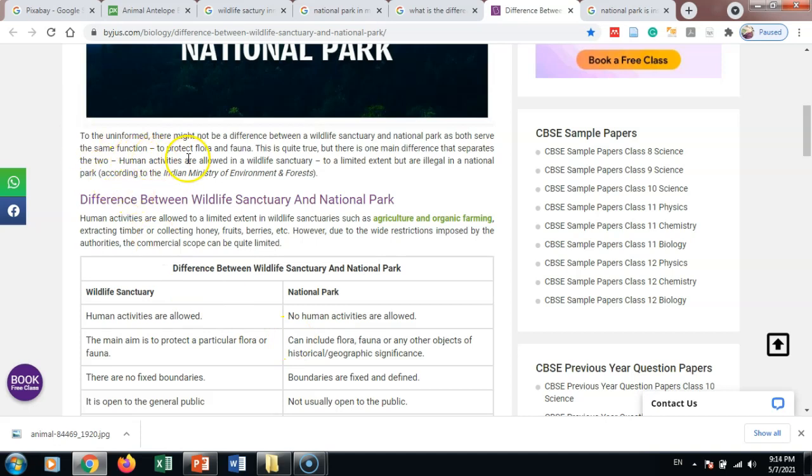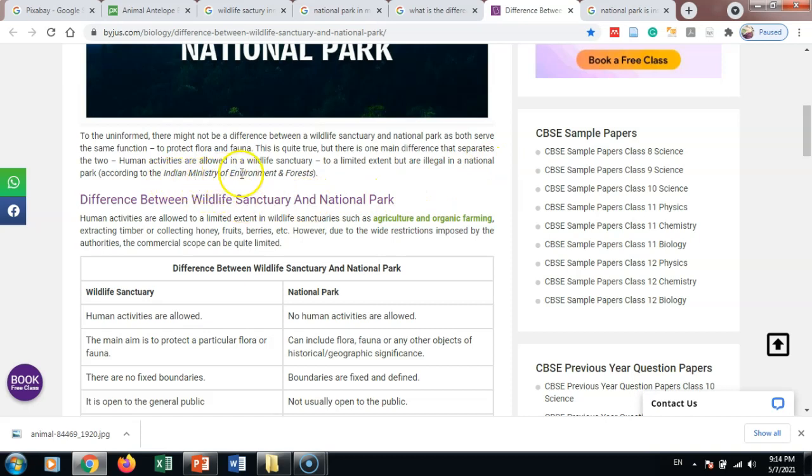To the uninformed, there might not be a difference between a wildlife sanctuary and a national park, as both serve the same function: to protect flora and fauna. Flora means plant life and fauna means animal life. This is quite true, but there is one main difference that separates the two.